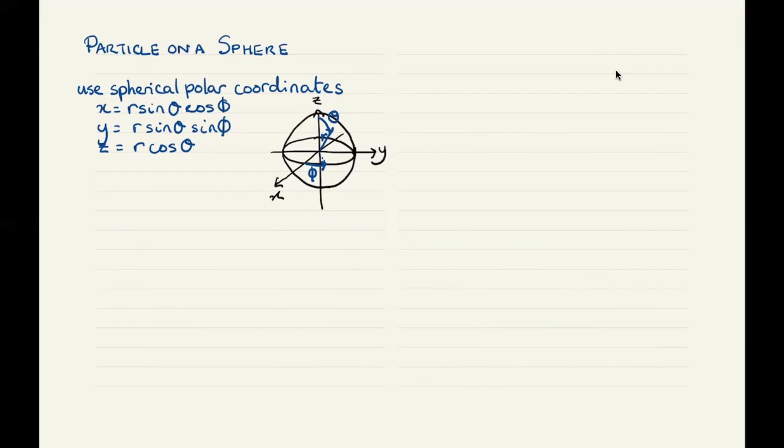Okay, in spherical polar coordinates, let me write out the Laplacian for you and try not to make any mistakes.